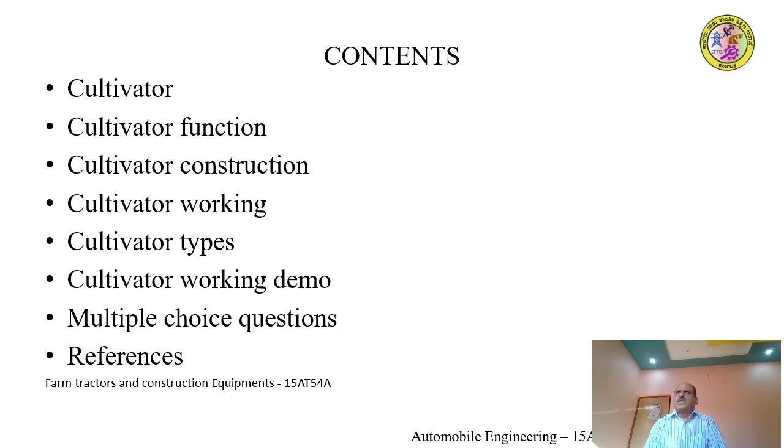The disc is provided to reverse the soil. Upper soil should come to the lower side, lower soil should come to the upper side, and it produces the slice along with the roots of the weeds and grass. So this is the primary tillage operation.